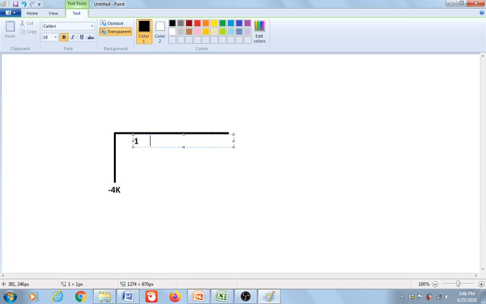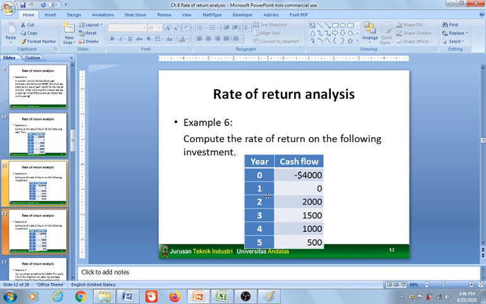Year 1, 2, 3, 4, and 5. Year 1, no cash flow.